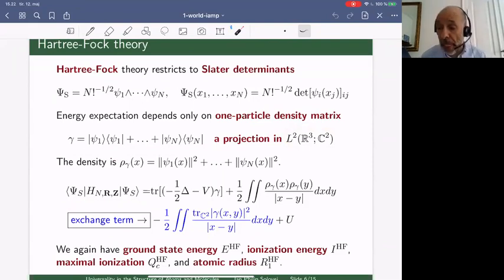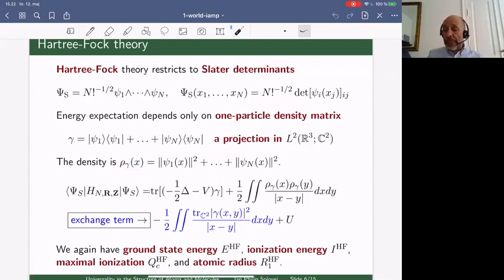And it's in fact the projection onto the space spanned by the n orbitals. And the corresponding density is the sum of the densities of each individual orbital. Now, I'm doing a norm here because remember that each orbital takes values in C2, but the density is a scalar function.